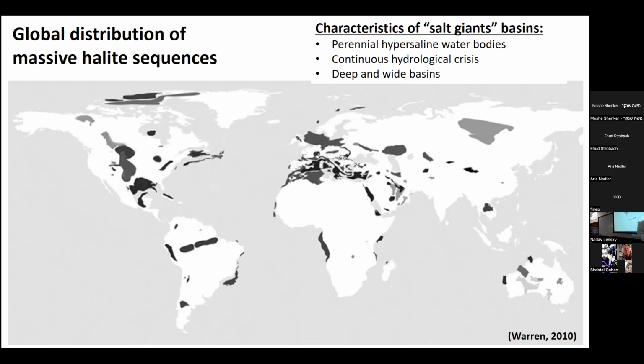Without a negative water balance, it's very hard to form salt layers. So it's the evaporation that takes the water out and leaves you with the ions, forming the crystals. It has to be deep and wide, because of the huge extent of these layers. And the Dead Sea is the only deep basin of this kind that exists today on Earth. So that's why we will go to the Dead Sea.